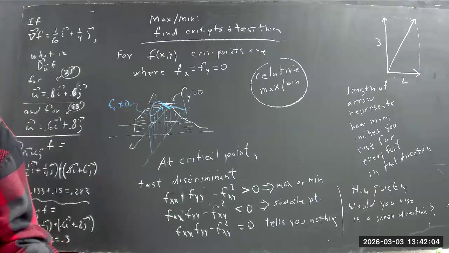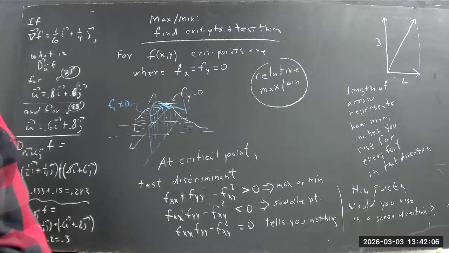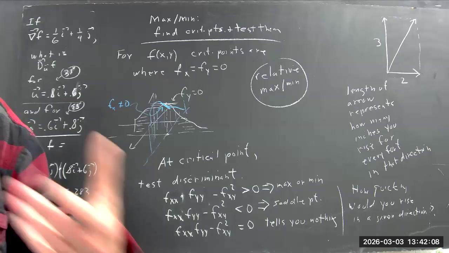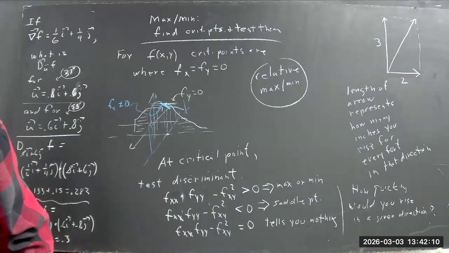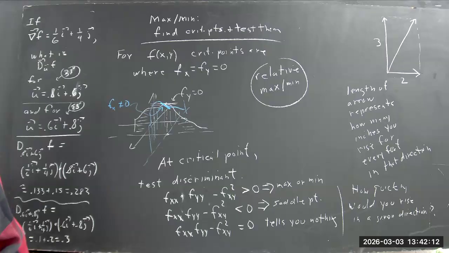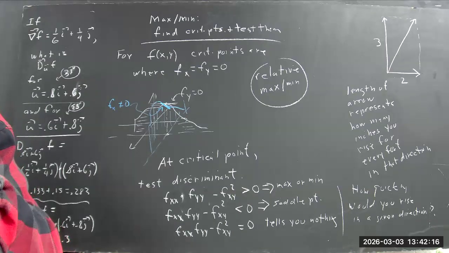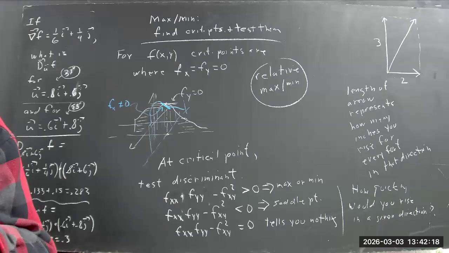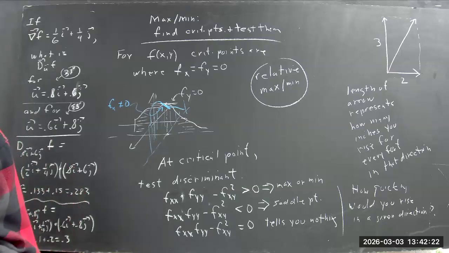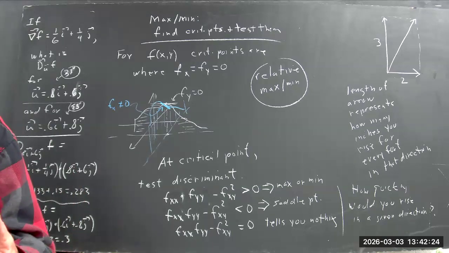You also can have boundaries, and you know from what you did in first year calculus, if you have a function defined on an interval, you have to check the endpoints of the interval to see if your maximum or minimum occurs at an endpoint, right? That's your global maximum or minimum.